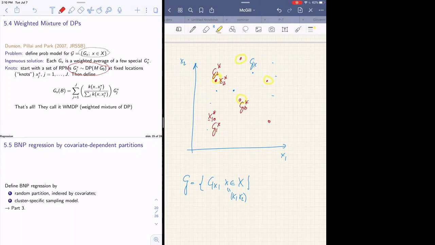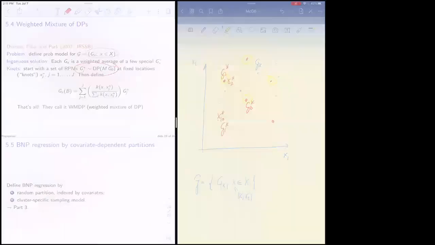That's the whole idea. Instead of specifying a prior probability model for all the infinitely many blue GX, just specify one for a few selected red GX star. If they are separate enough, you can even assume they're independent, the red ones. And then the blue ones are just weighted averages of those.